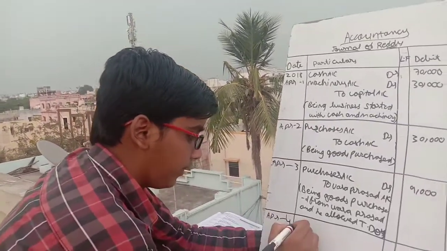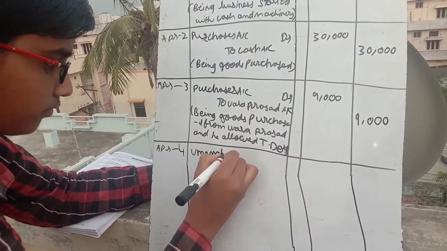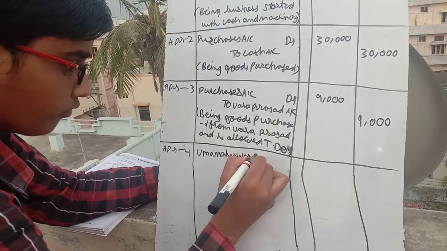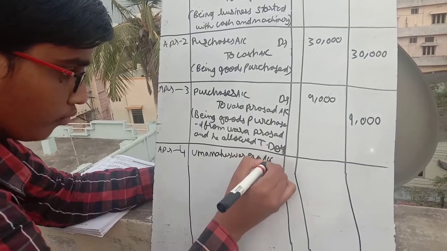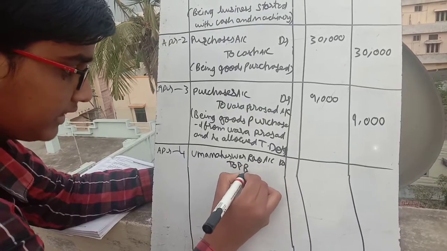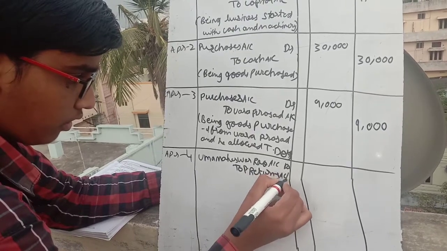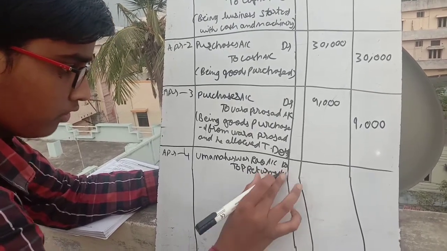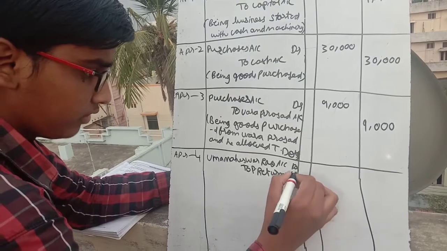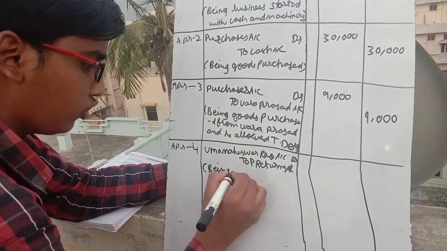So like this, here it will come as Uma Maheshwar Rao account debtor to purchase returns account, not purchase account. So this is the entry, and narration we can write: being goods returned to Uma Maheshwar Rao.